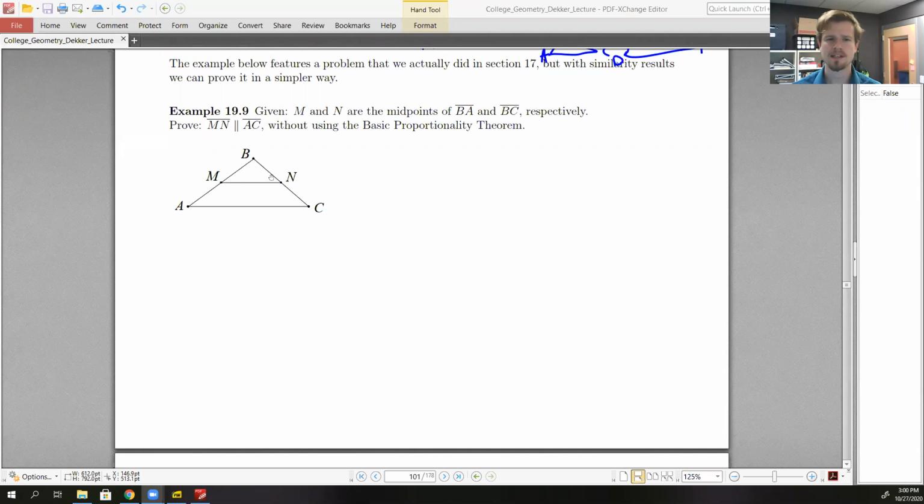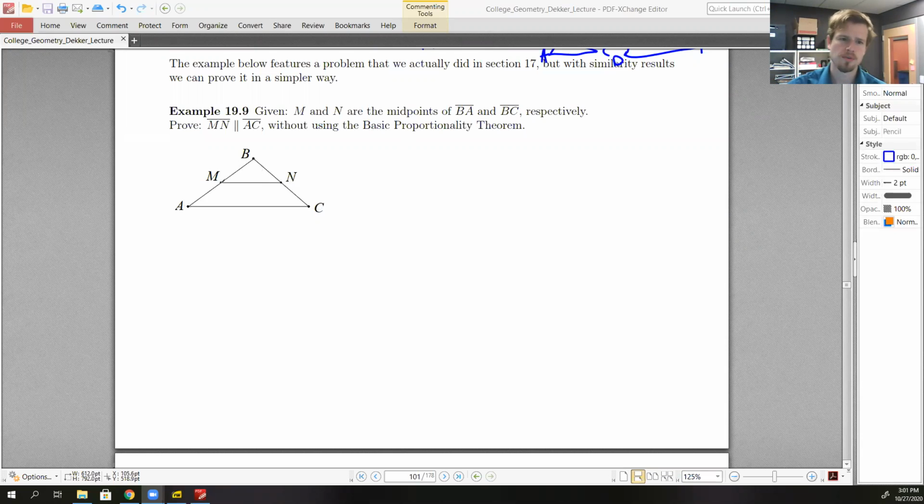If we have that M and N are the midpoints of BA and BC, we want to prove that MN is parallel to AC. Of course, if we could use the basic proportionality theorem, this would be almost immediate. So we don't want to use the basic proportionality theorem. We want to sidestep that briefly.